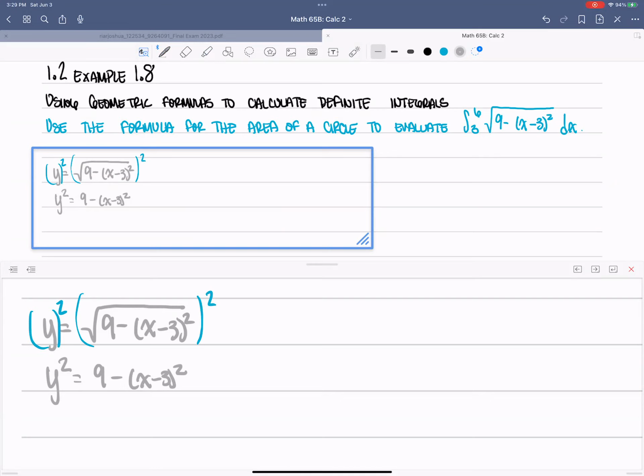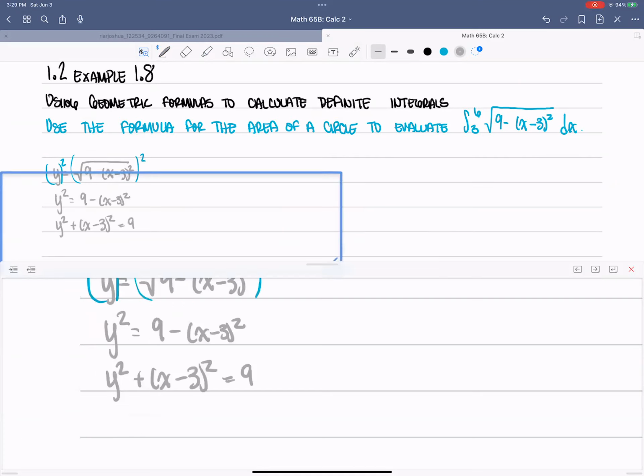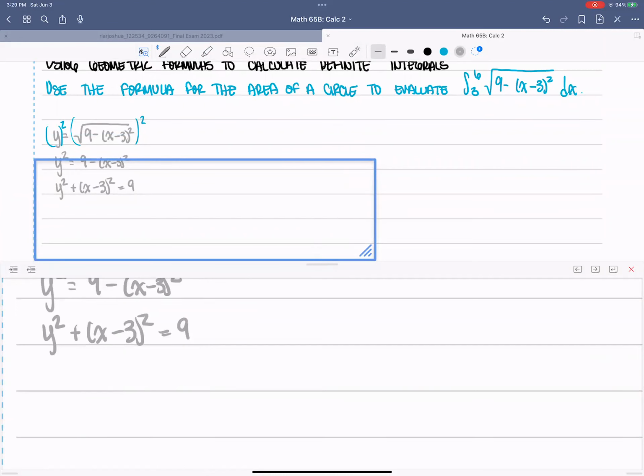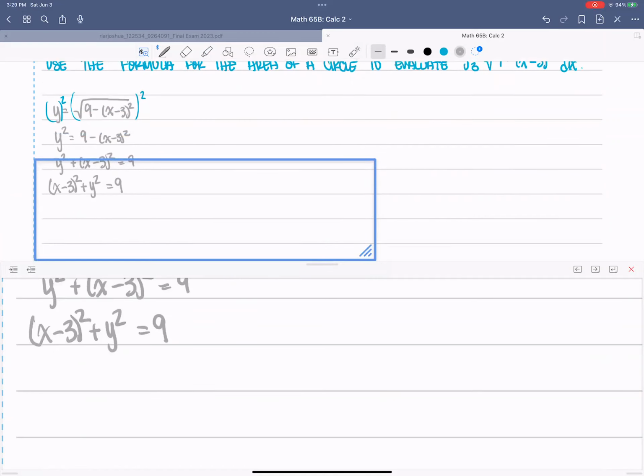Y squared plus (x minus 3) squared equals 9. That looks really familiar, but let's switch the two: (x minus 3) squared plus y squared equals 9. Oh my goodness, this here is a circle.